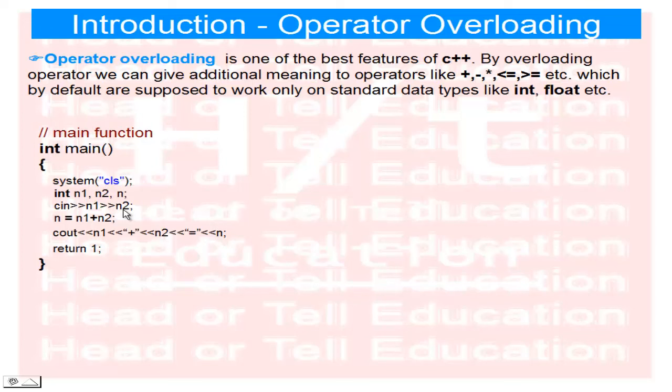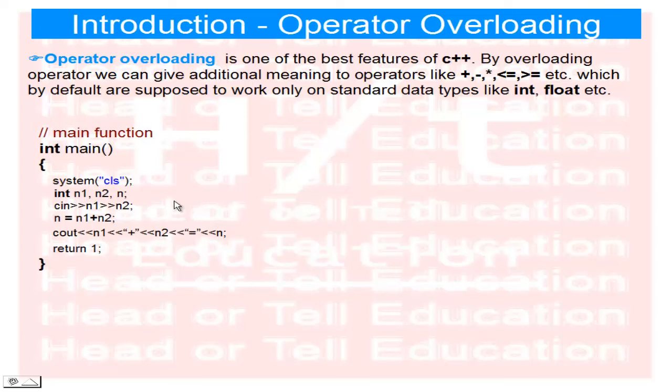Next we use the plus operator to add two integer values, so we write n equal to n1 plus n2. Again, to display the result I used cout n1, then the plus operator, then n2, equal to n, and return 1.